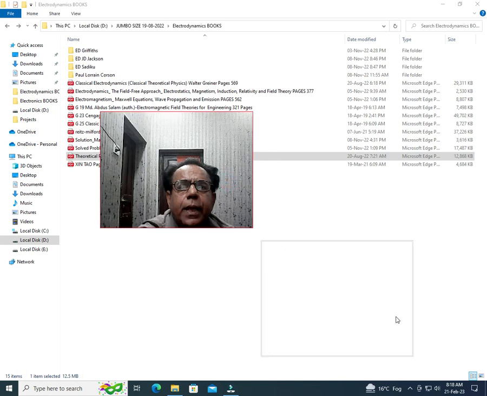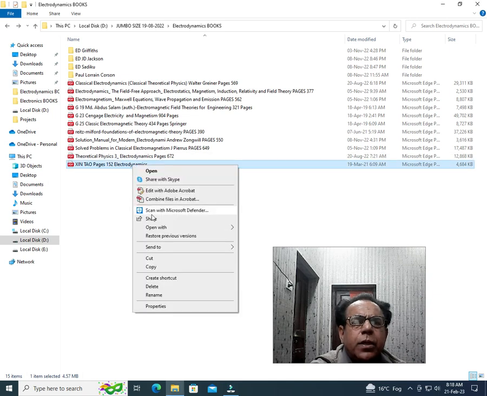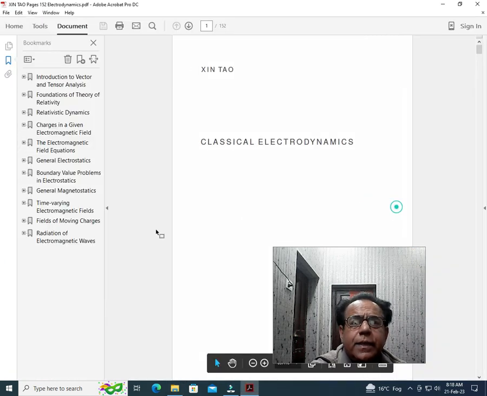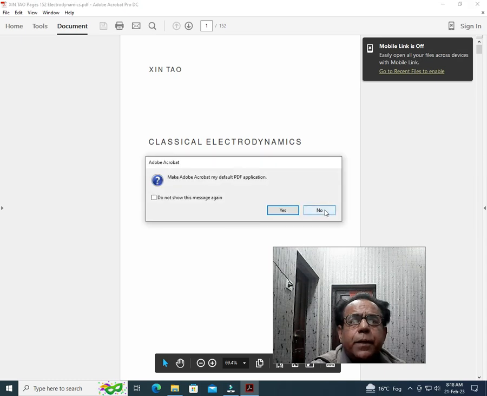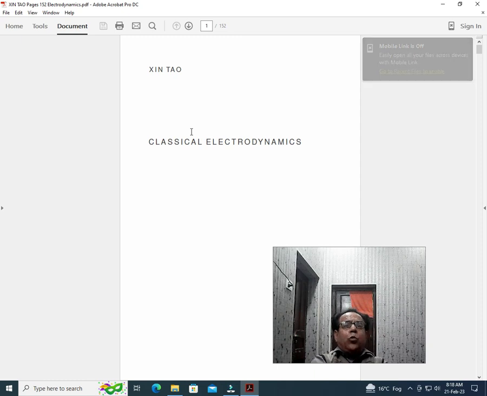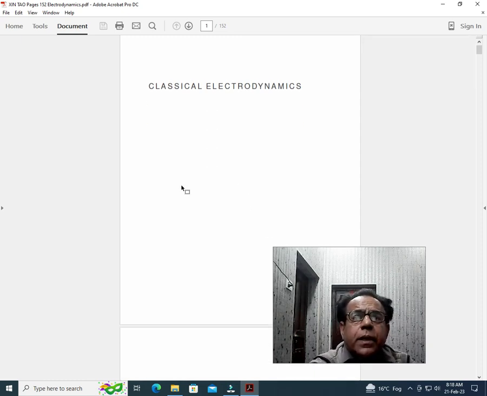Now we are going to open the last book, which consists of only 152 pages, and its author is Jin Tao. Probably it may be a Chinese writer. Anyhow, we open this book and see what this writer says.